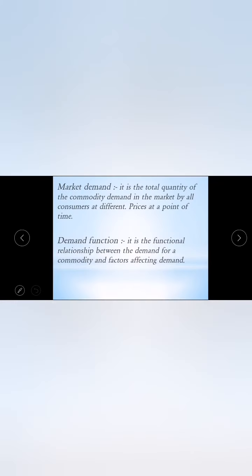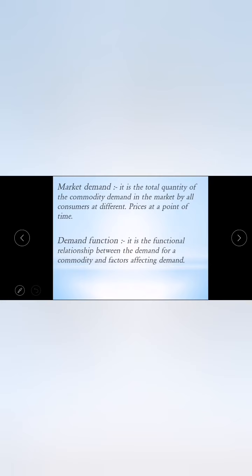Market demand is the total quantity of the commodity demanded in the market by all consumers at different prices at a point of time. What do you mean by market demand?